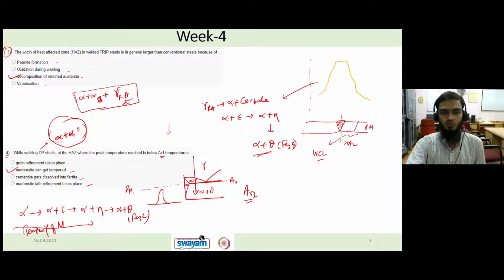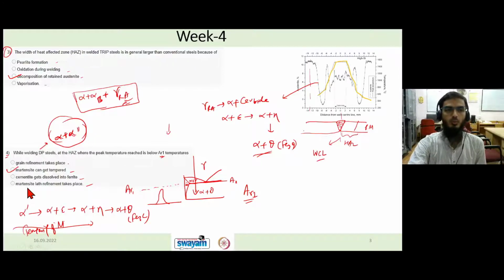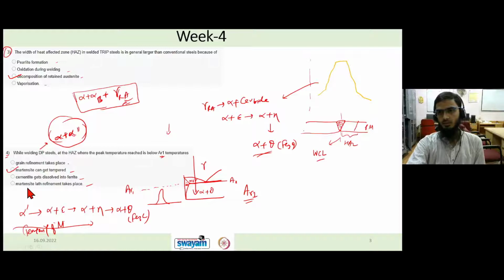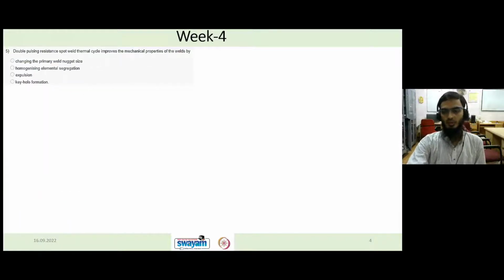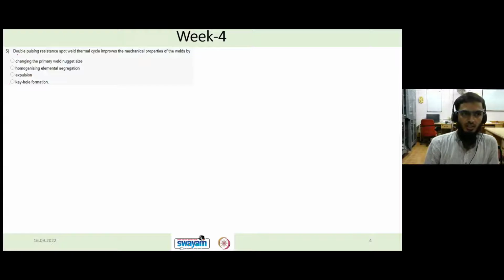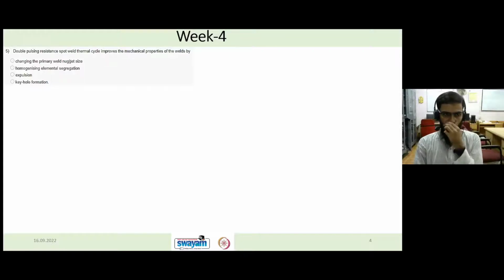Now we will move to the next question, that is question number 5. You can see here, double pulsing resistance spot welding weld thermal cycle improves the mechanical properties of the weld by. So if you use double pulsing resistance spot welding, what will happen to the mechanical properties?